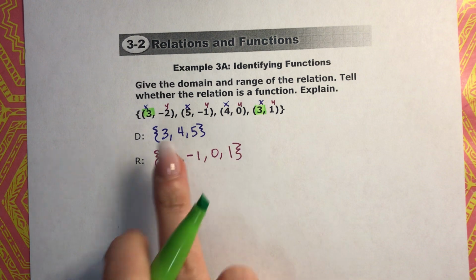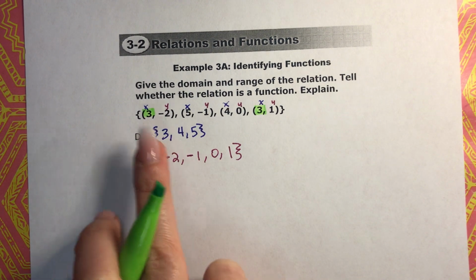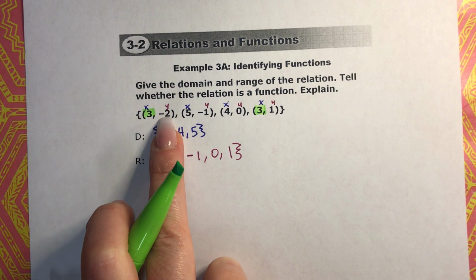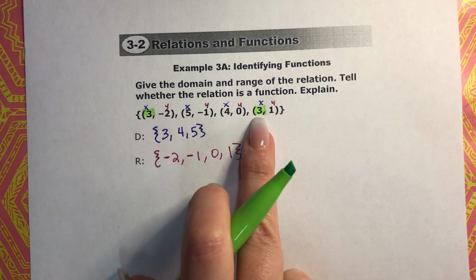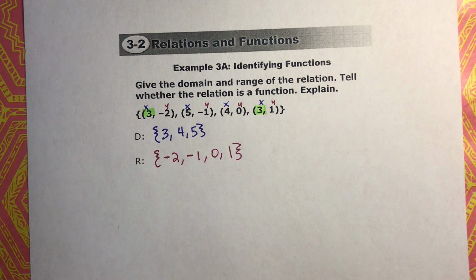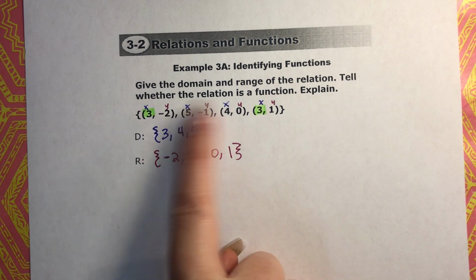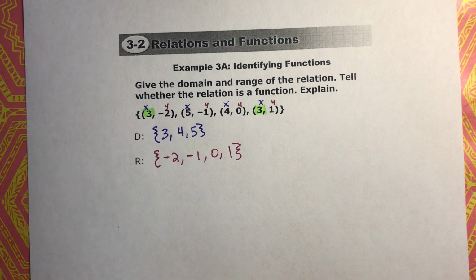That is one x value, right? It's 3. Does it have exactly one y value? No, this 3 has a y value of -2, and this 3 has a y value of 1. So because this domain value has more than one y value, it is not a function.